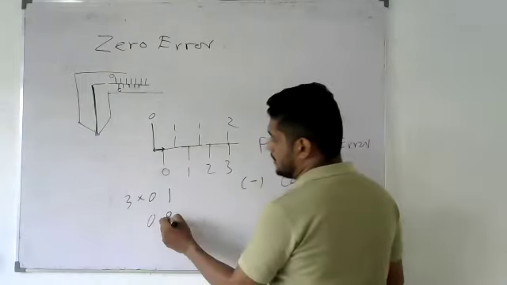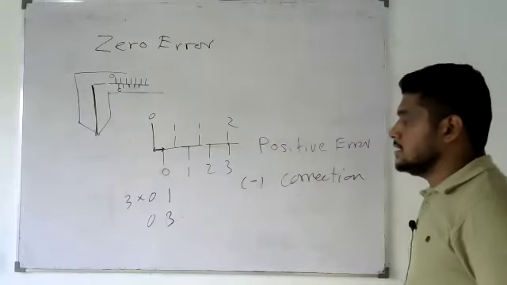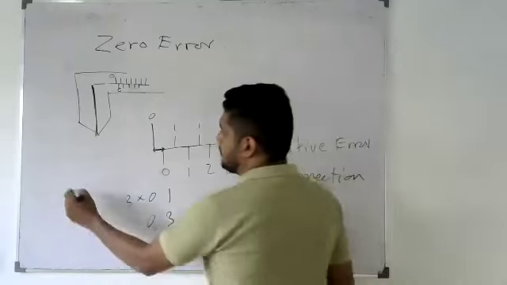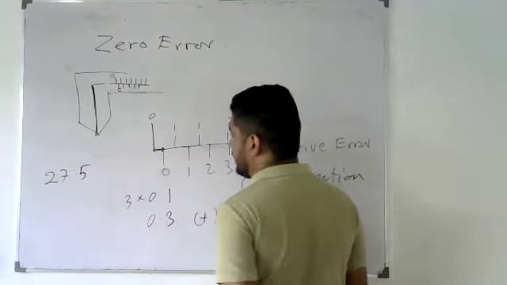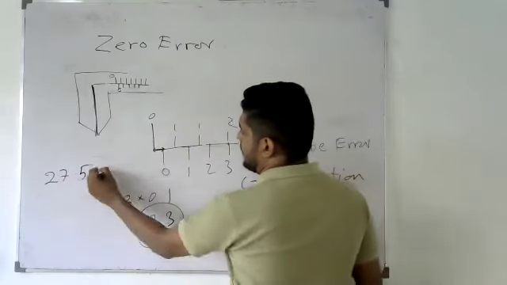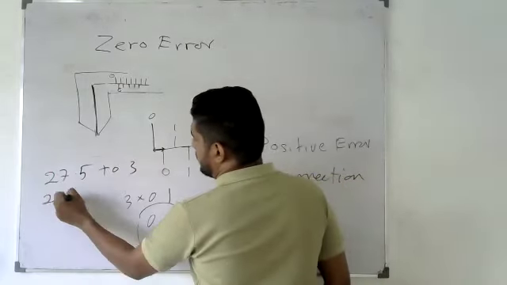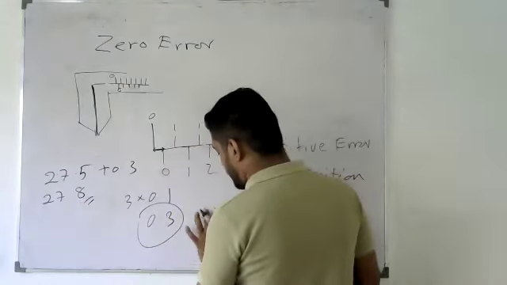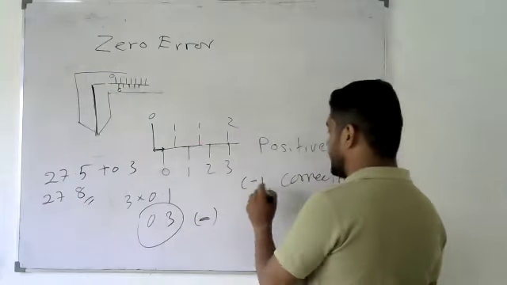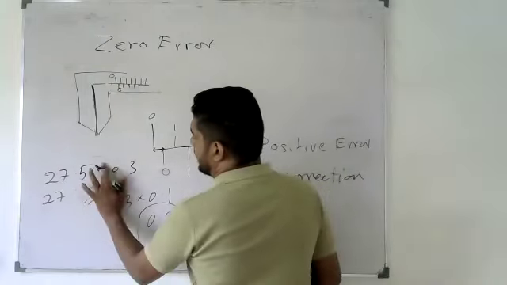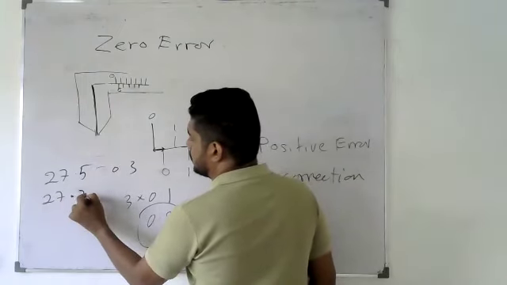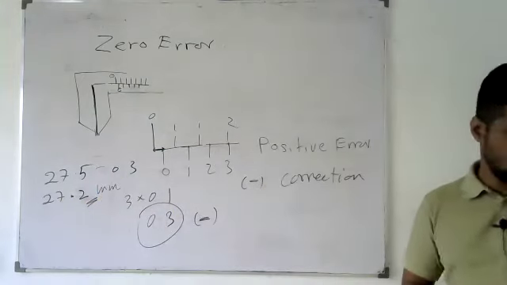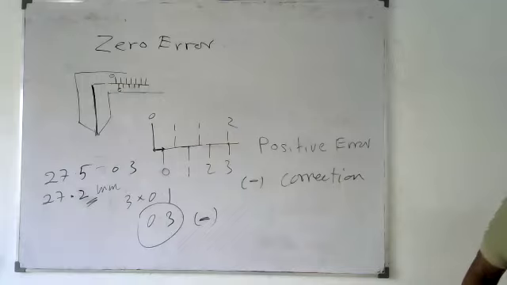So error is 0.3 and has to be added. එකතු කරන්න. ඒකේ reading එකක් ආවා 27.5 කියලා, correct කරන්න ඕනේ, මේක add කළා. Sorry. Subtract කරන්න ඕනේ. Positive එකක් නේ. අඩු කරන්න ඕනේ. Then subtract it, 27.2. හරිද?